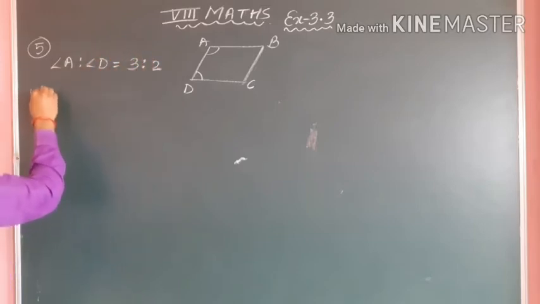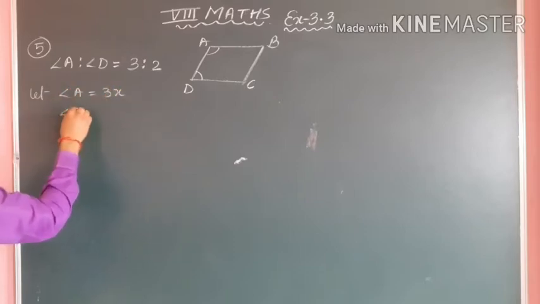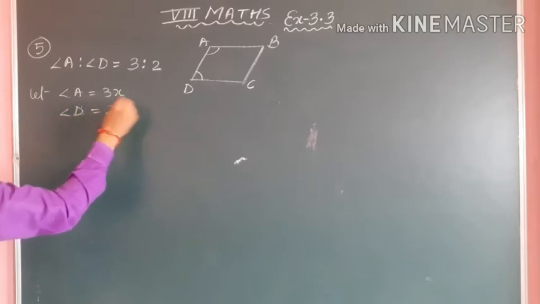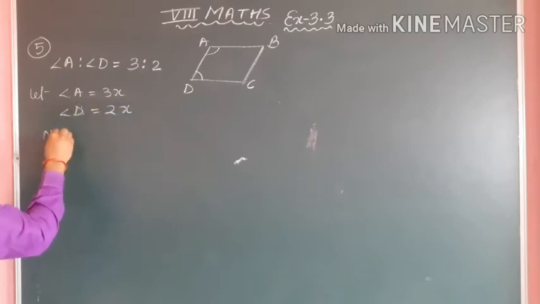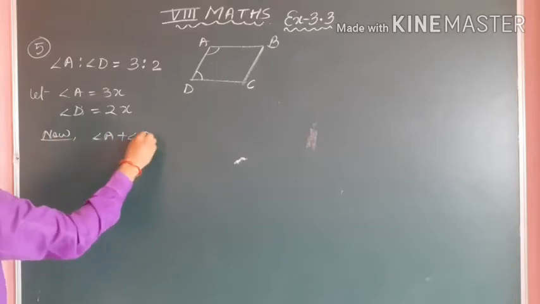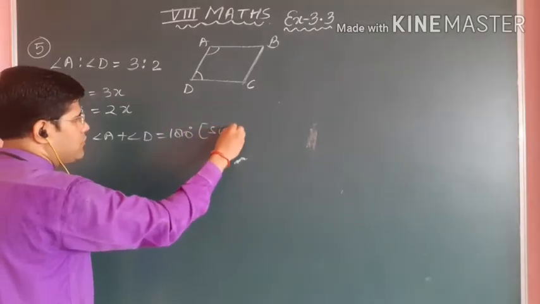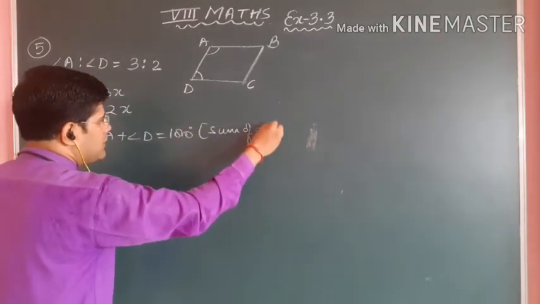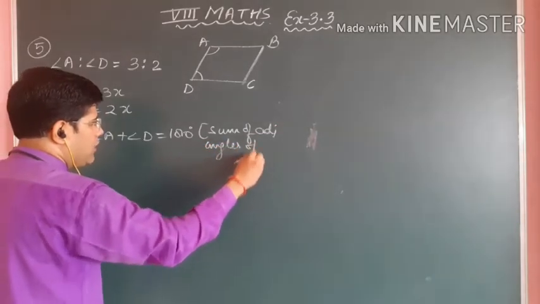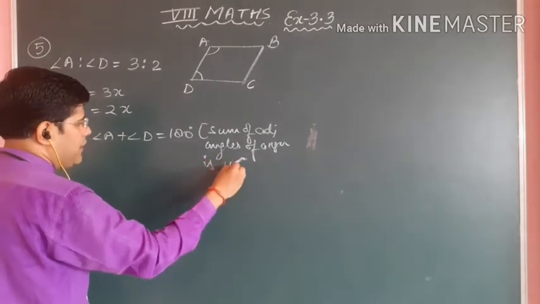So let angle A be equal to 3x, angle B, no, angle D is equal to 2x. Now angle A plus angle D is equal to 180 degrees, because the sum of adjacent angles of a parallelogram is 180.